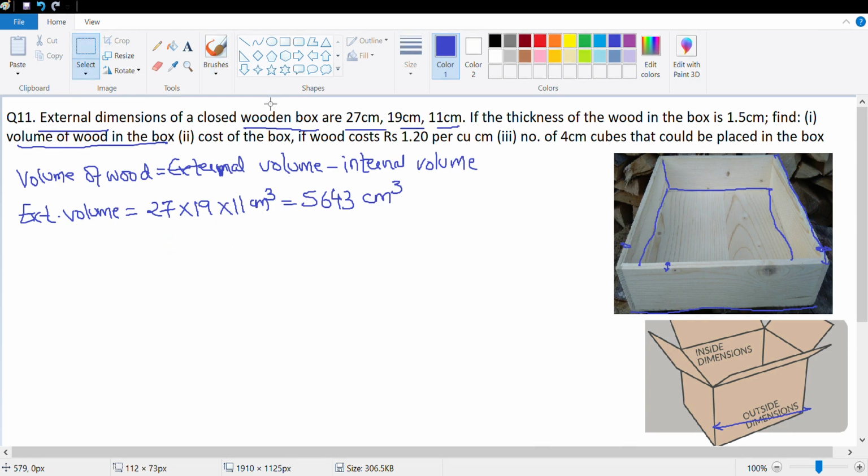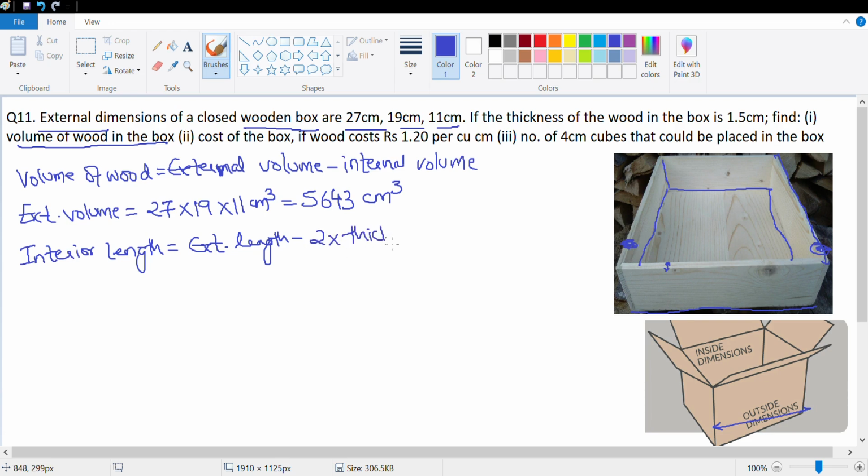For that, we will need to find the internal length first. So interior length will be equal to exterior length minus the thickness of the wood. So I am removing the thickness of the wood once from here and once from here, which means I am removing the thickness of the wood 2 times, minus 2 times thickness of wood. The thickness of the wood is given as 1.5 centimeter.